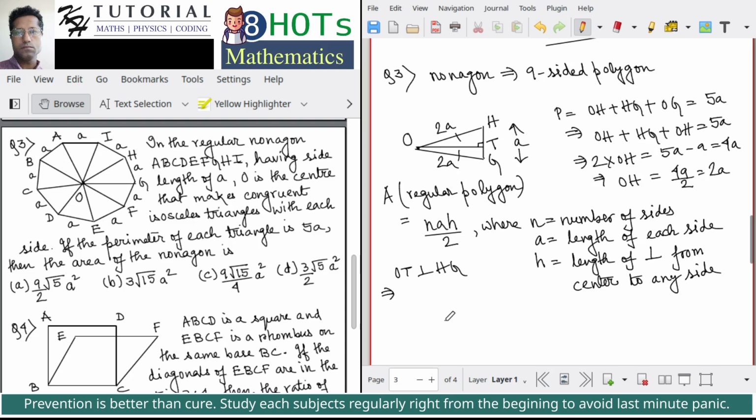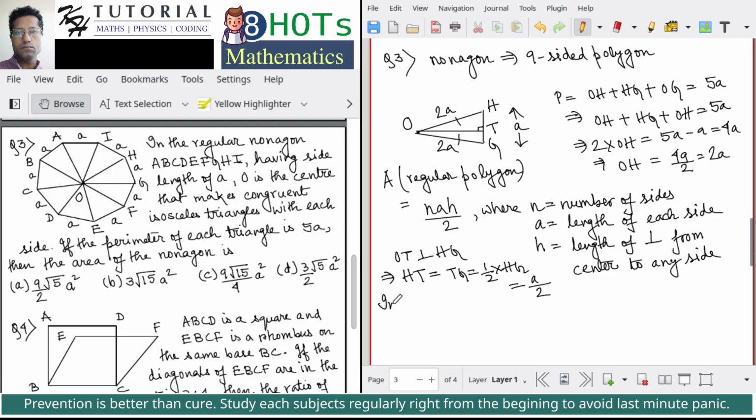Okay, so OT perpendicular to HG implies that HT is equal to TG, which is half of HG, that is A by 2. HT will be A by 2. Now in the right angled triangle OTH, using Pythagoras theorem, OH square is equal to OT square plus HT square.